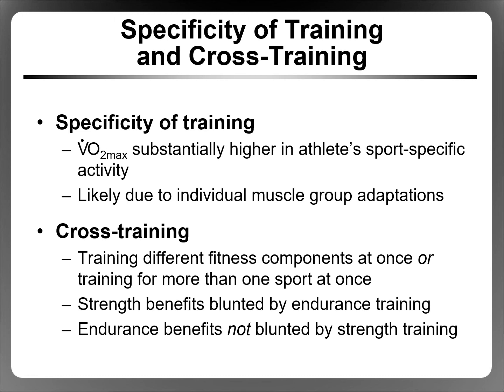This is because we're having individual muscle group adaptations. So that means if I want a runner to become more efficient at running and improve the cardiovascular system, I should probably have them run. However, if you keep having individuals do the same thing over and over again, even though it's going to cause the most specific changes, we can also increase the risk of injury.